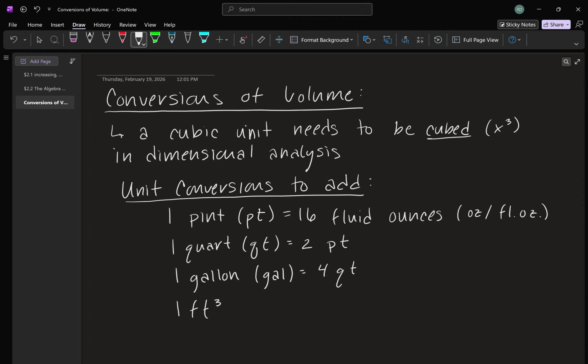1 cubic foot, so that means you're going to have to cube it in the notation, is approximately 7.48 gallons.